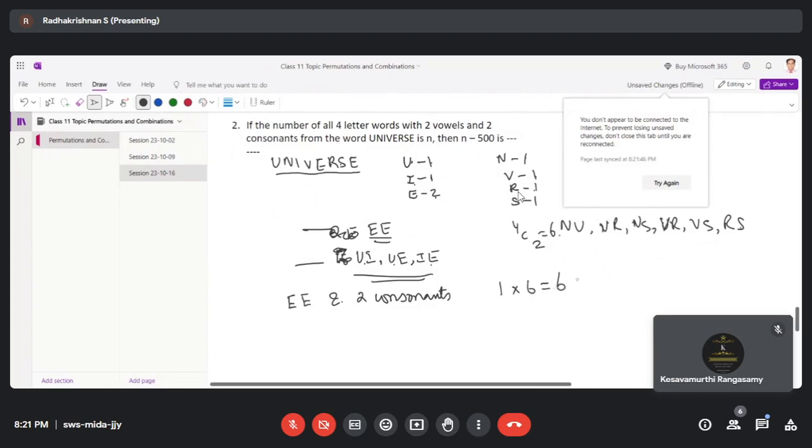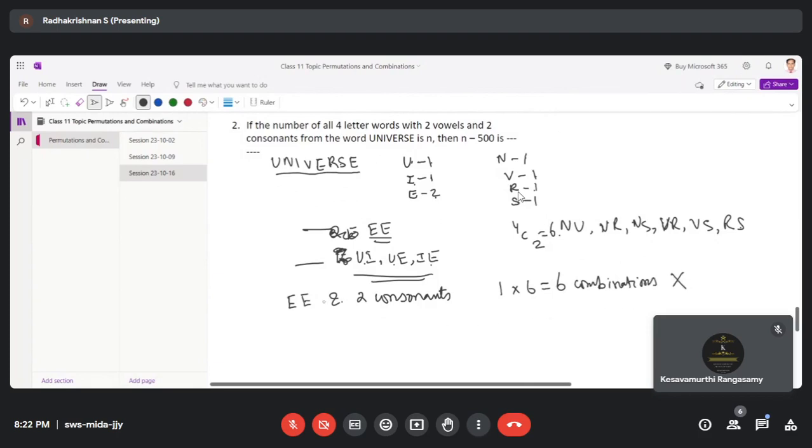There are 6 combinations, but how many permutations are there? The permutation includes the 2 E's and 2 consonants. That means here 4 factorial divided by 2 factorial.